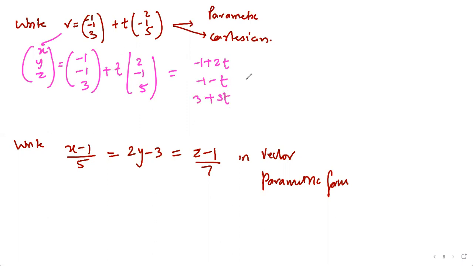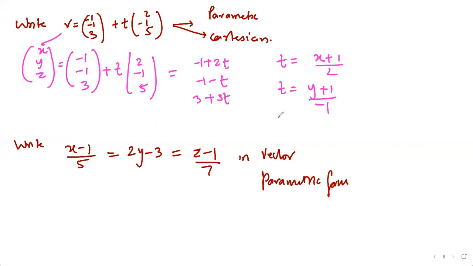That's your parametric form. For Cartesian form, since you know the direction, you could manually make t the subject from here. So it'll become (x plus 1) upon 2. Similarly, t will be equal to (y plus 1) upon -1.